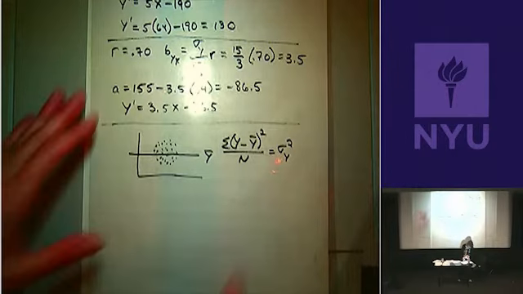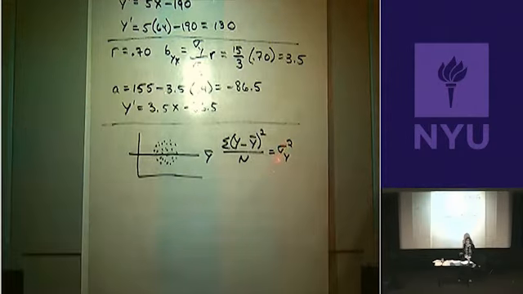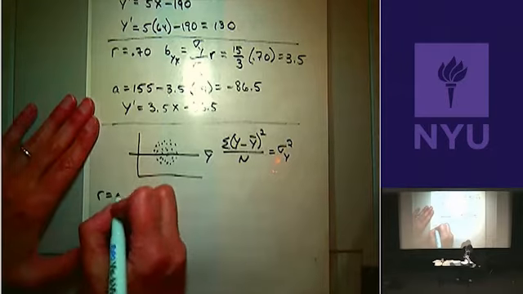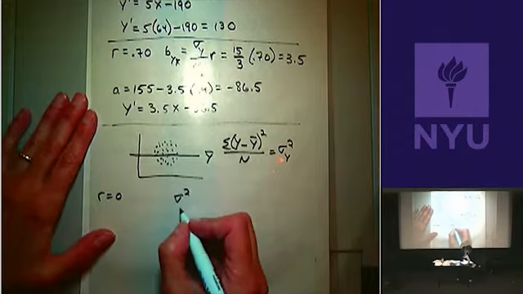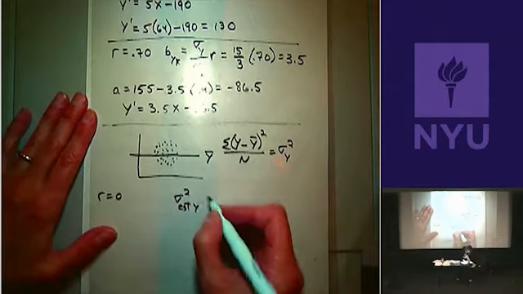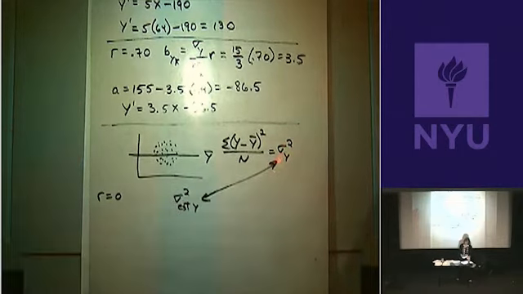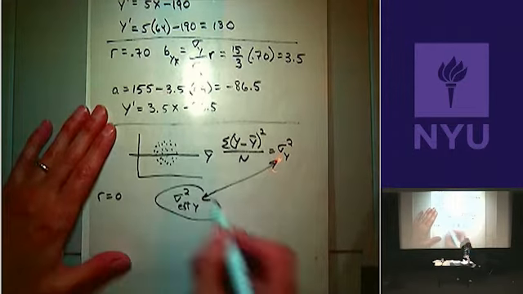Okay? So what that's saying is if your correlation is 0, the variance of the estimate is the same as that. It's not helping you at all. That other variable is not helping you, right? You want this to be small.